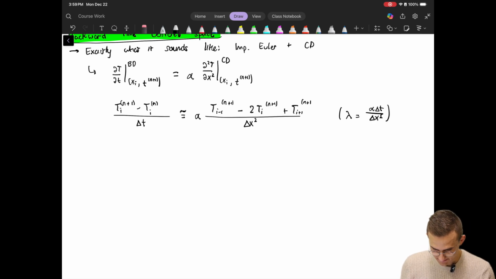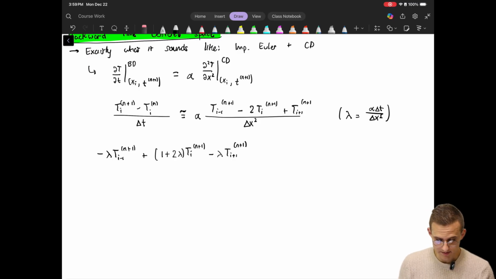And then what we'll end up with is minus lambda T_(i-1)^(n+1) plus 1 plus 2 lambda times T_i^(n+1) minus lambda T_(i+1)^(n+1), and then that on the right hand side is going to be equal to T_i^n.